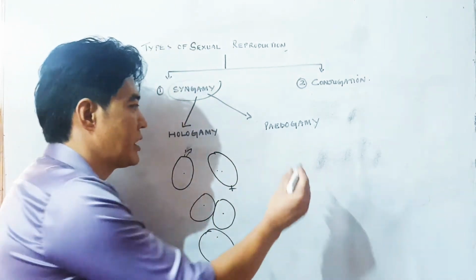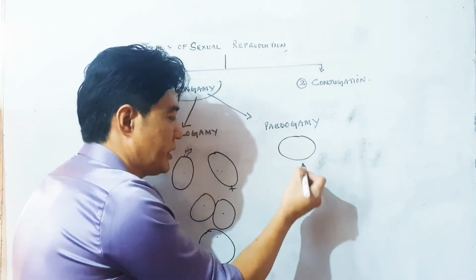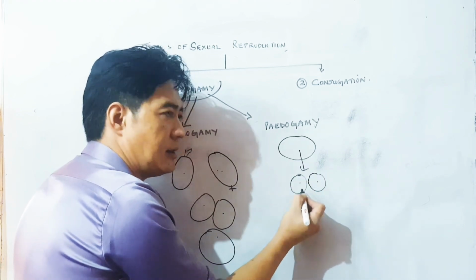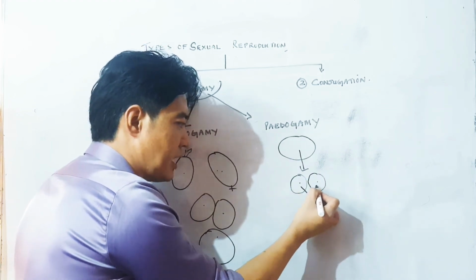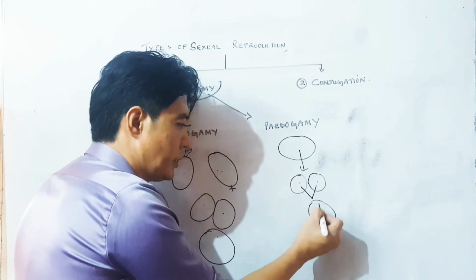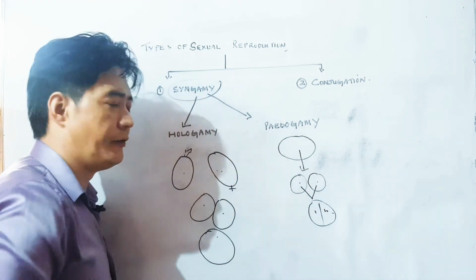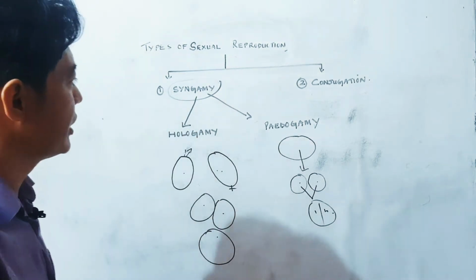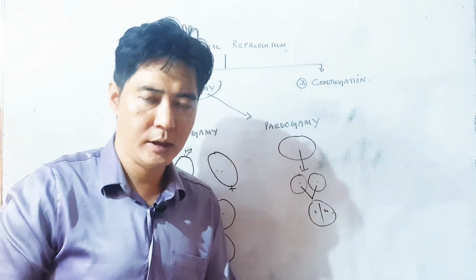So say for example, this is a mother cell, it divides into two. The newly divided cells act as gametes and fuse together to form new individuals. Such type of sexual reproduction is known as pedogamy.